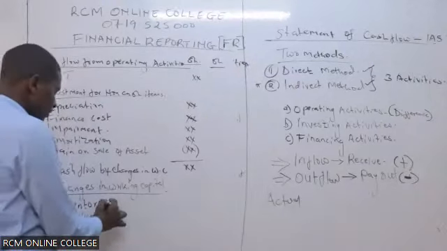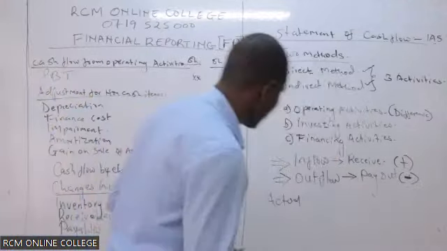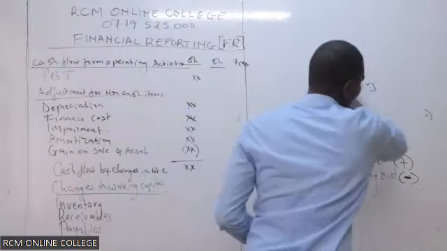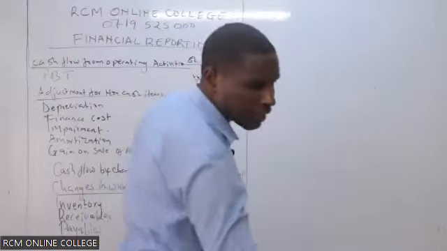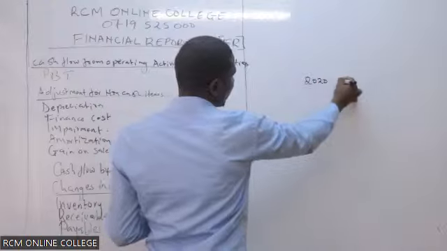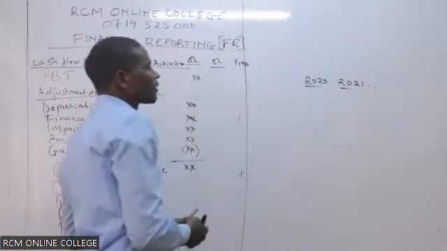When we talk of inventory, how shall we know what happened to our inventory? I want to show you a simple way to know this. Assume we have 2020 here and 2021. So this is the previous year and the current year.